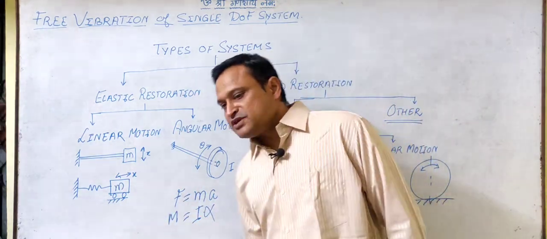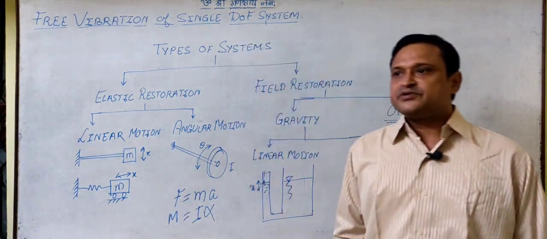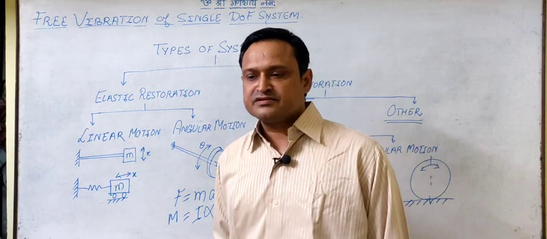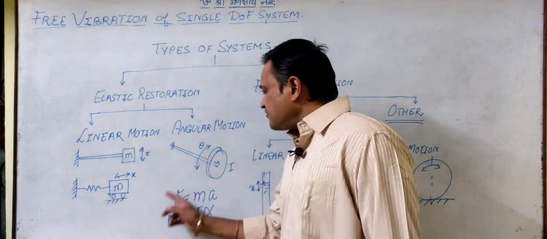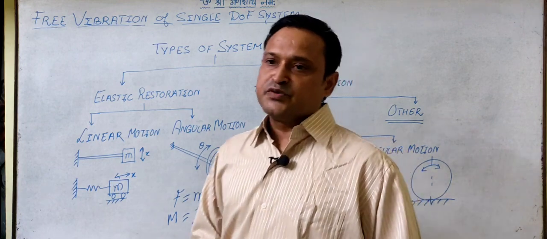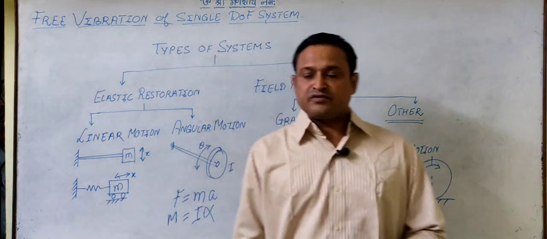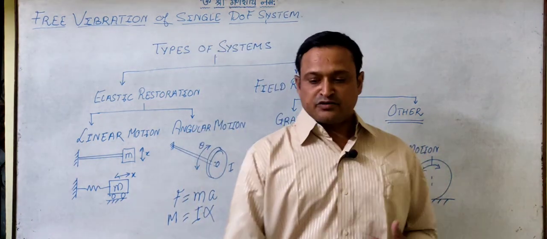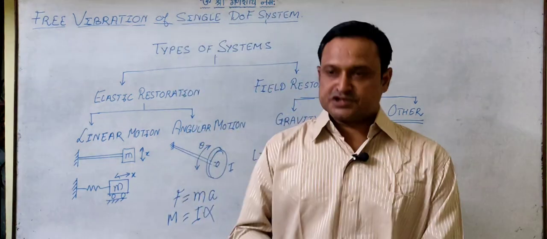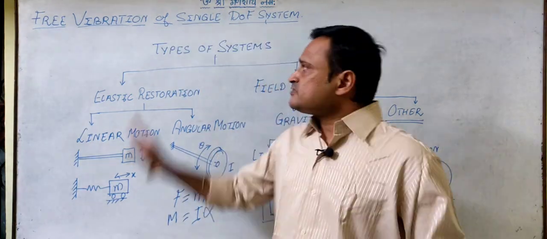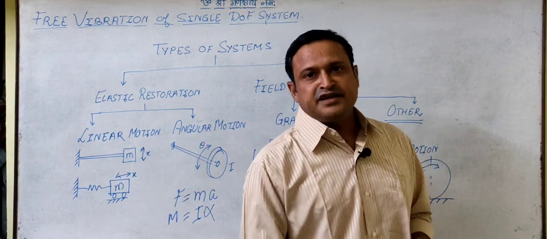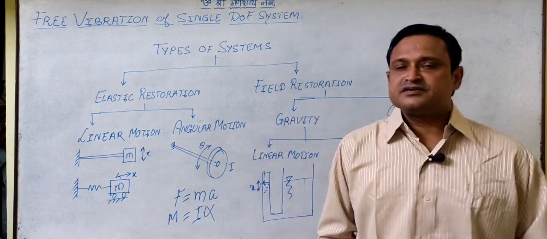So these two equations represent Newtonian mechanics or Newton's theory. With this approach we will first get the equation of motion for a simple free vibration single degree of freedom system, right.